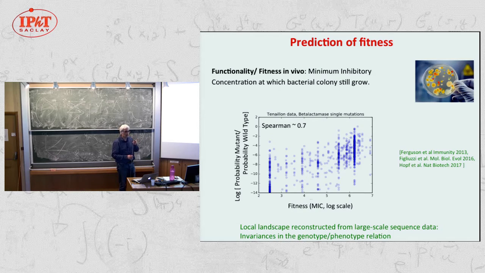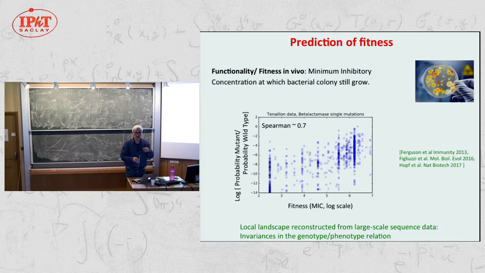So if a bacterium has this protein functional, then it will be able to survive large doses of antibiotics until the dose exceeds some critical value that people call the minimum inhibitory concentration. For each sequence of a protein, you can measure the corresponding minimum inhibitory concentration where the growth stops. So it's a measure of the fitness of the protein.